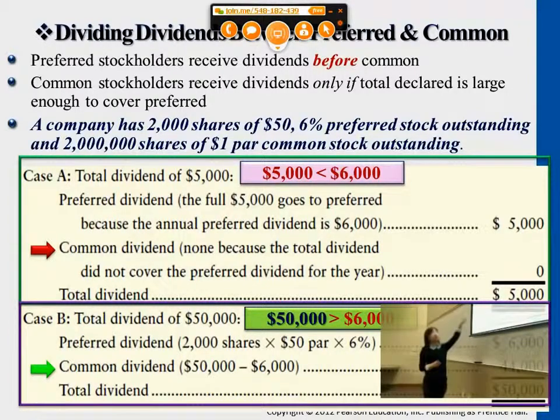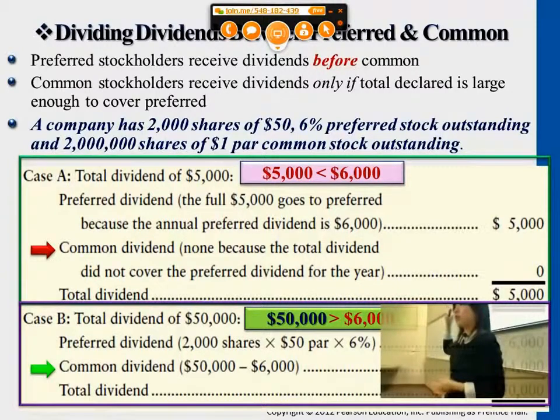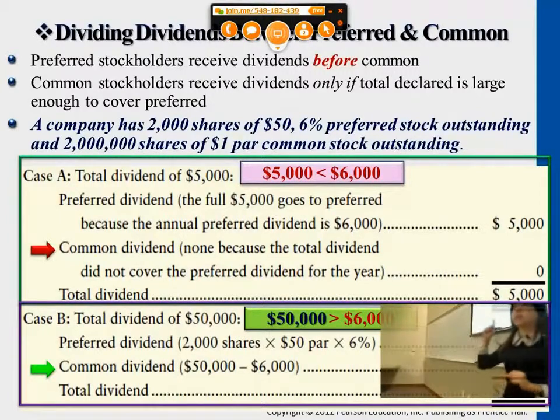So for the first case here, $5,000, we first calculate the part that preferred shareholders are receiving. Assuming, again, 2,000 shares of preferred stock, each share is $50, and let's say the dividend rate is 6%. Now you use 2,000 times 50 times 6%, that will give you $6,000, the total amount that preferred shareholders can receive.